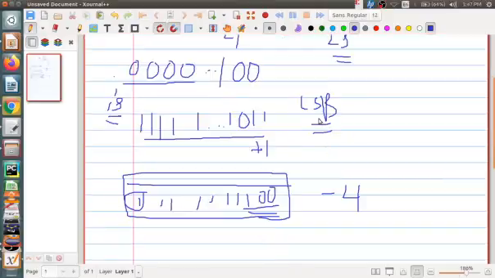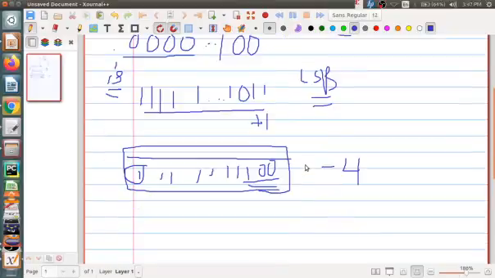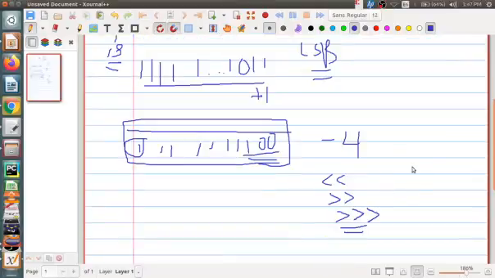Now you can apply all the operators: left shift operator, right shift operator, unsigned right shift operator, and yes, XOR, logical OR, and then this logical complement operator.